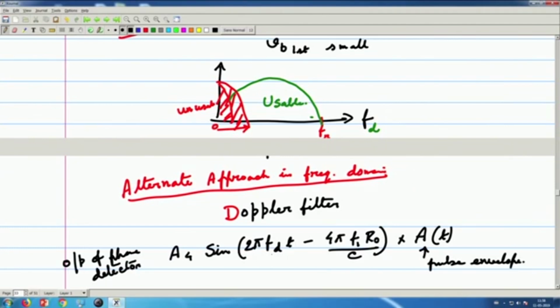Here you see that apart from Doppler, there is also range information in the phase of the signal.